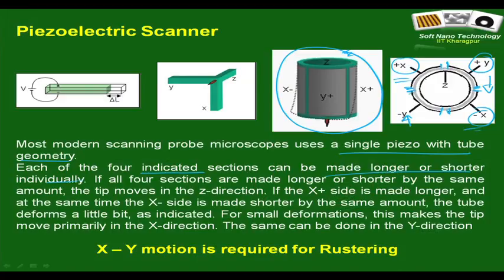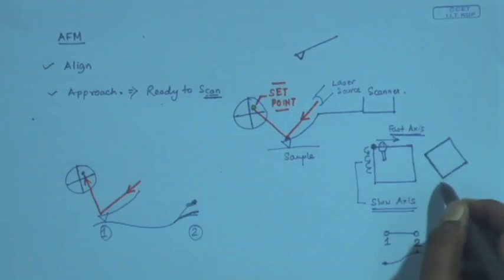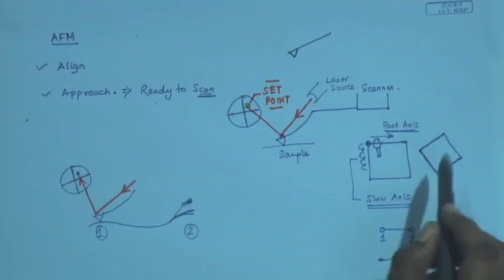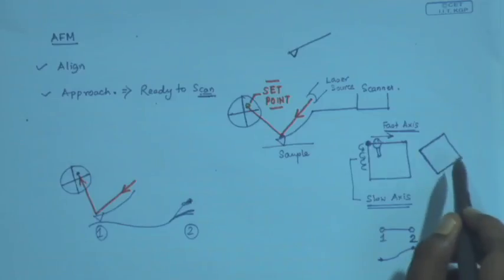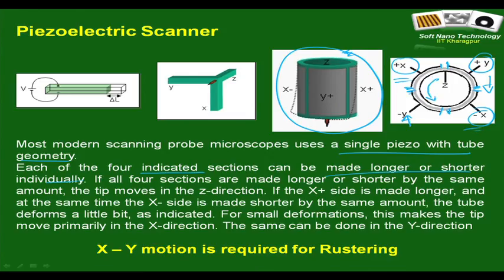Okay. And as I mentioned somewhere, in modern day instruments it is in fact possible to choose the direction of the x and y, the fast and the slow axis, which may not be the initial orthogonal directions. That is simply because you have the option of rotating the orientation of the whole assembly.